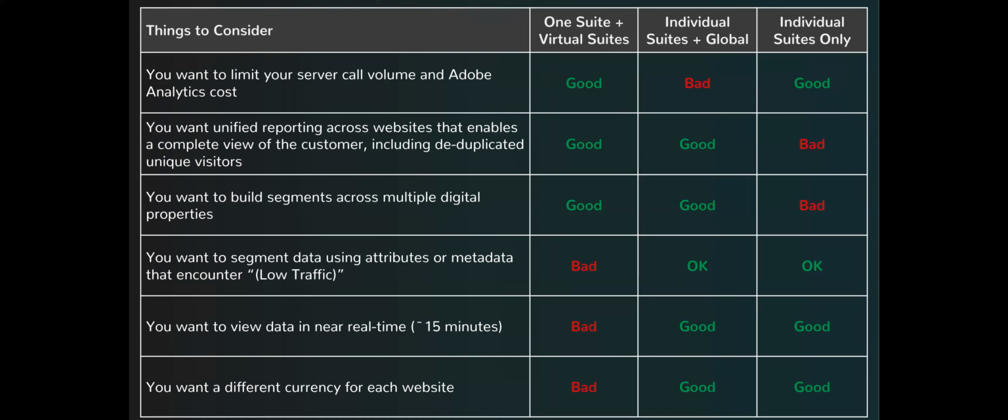So you can report on one currency like US dollars everywhere, but you could store British pounds and euros in a particular numeric event. And then you could always download that to a spreadsheet and apply the currency, or you could use a calculated metric to apply the currency there.